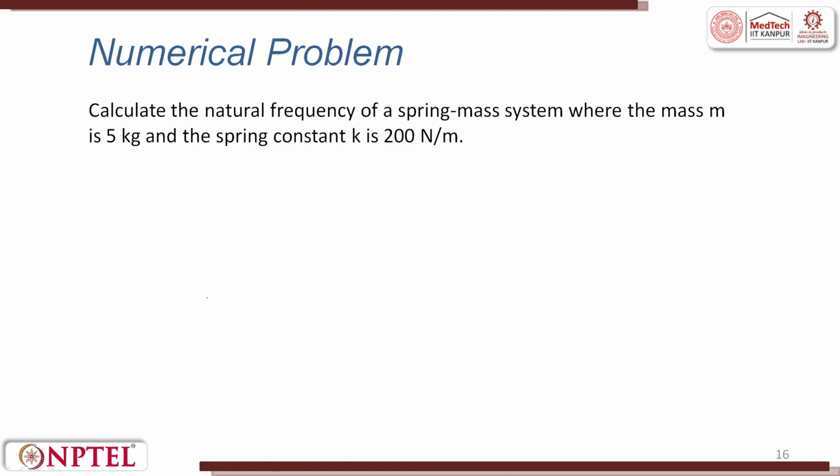Let us try to work on a very simple problem to understand the concept we have gone through. Calculate the natural frequency of a spring mass system where mass is 5 kg and the spring constant K is 200 Newton per meter. So, what is the formula for natural frequency?